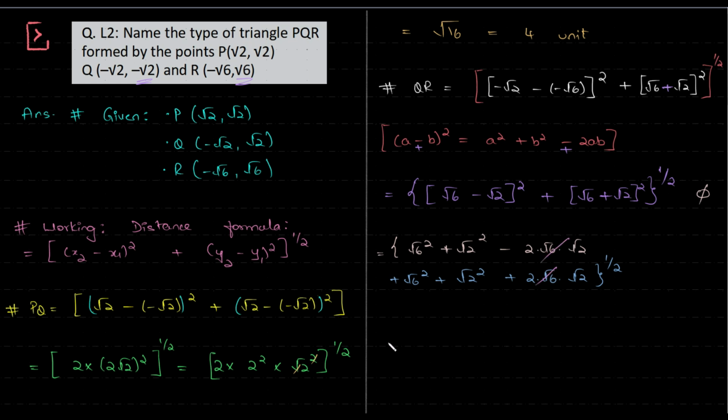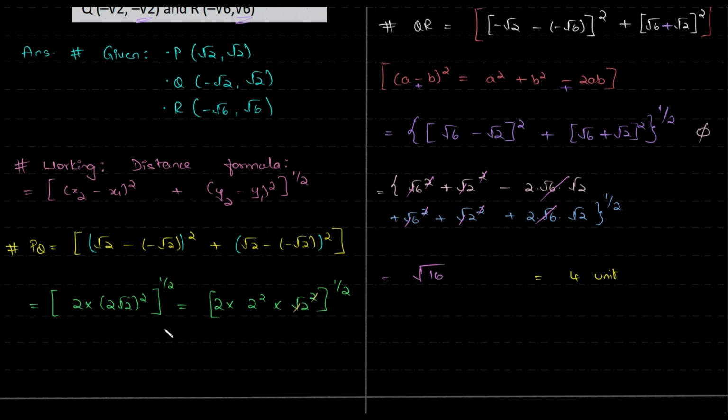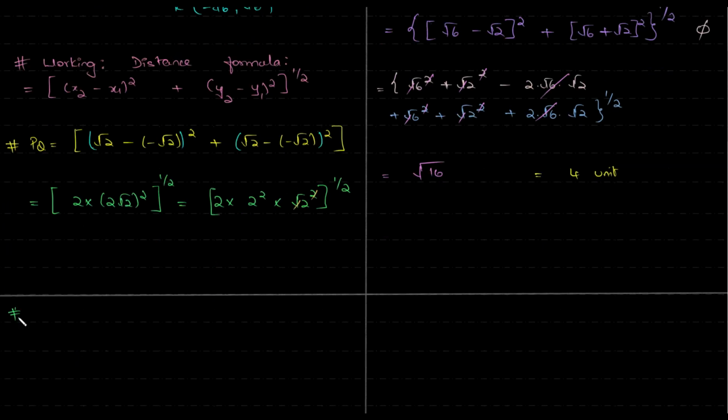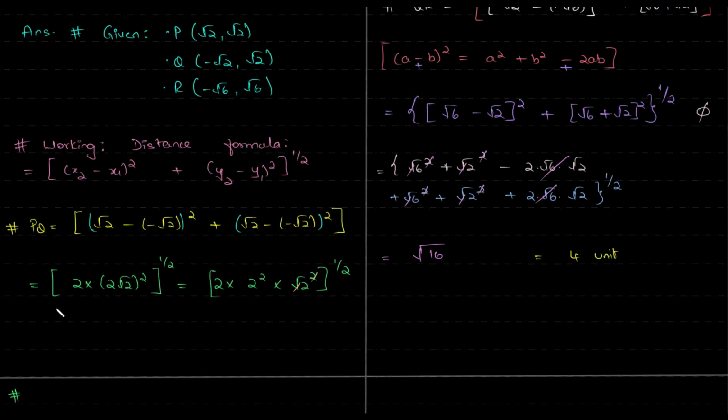So plus and minus get cancelled. We have root 10 square, root 10 square, root 10 square, root 10 square. And so we have 8 plus 8, that is 16, to the power of half. That is square root of 16, which is equal to 4 unit. So yes, we have two sides equal. One more side, let's see that. Might be an equilateral triangle, who knows.